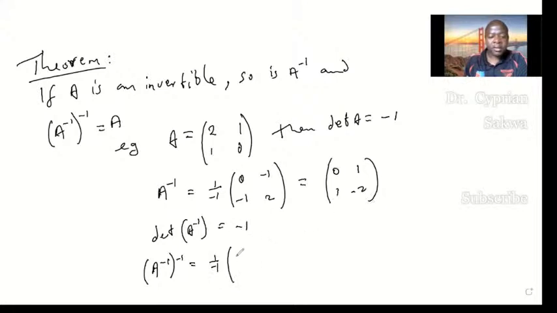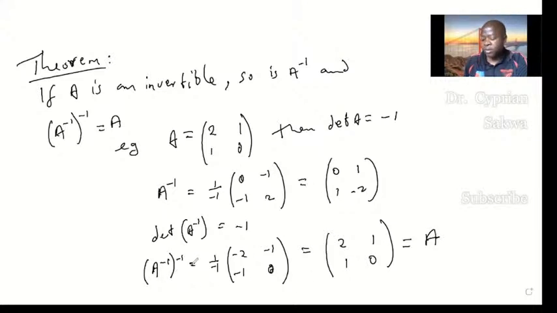So we reverse this to be negative 2, 0, and change the signs there: negative 1, negative 1. When I multiply through with this negative 1, I would have 2, 1, 1, 0. So what you realize is that the inverse of A inverse is A. That is what these theorems say.